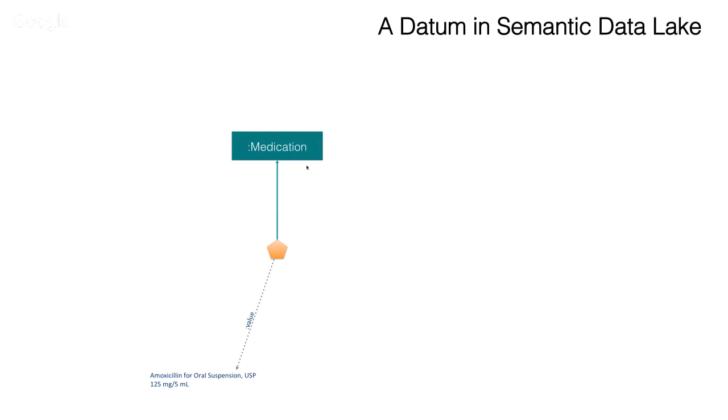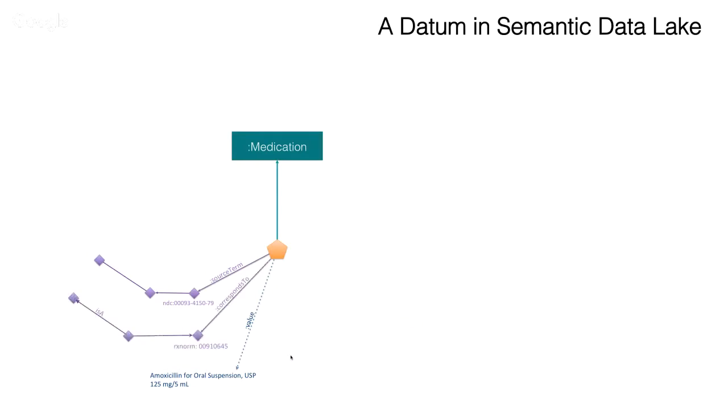For example, I'm just reflecting on one data point here, which is about a medication, which in this case is amoxicillin. But then it's also linked to the term that was used by the source system to reflect on this. If the source system has used a coding system, for example, an NDC code to represent this amoxicillin, we represent that too. So you can assume that our system has a library of these terminology systems to link to.